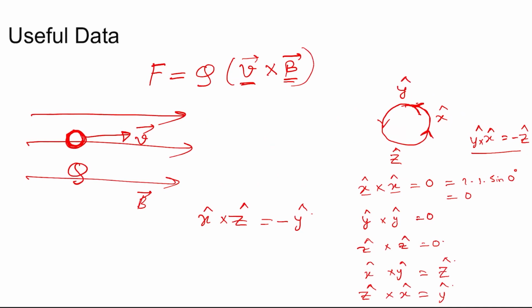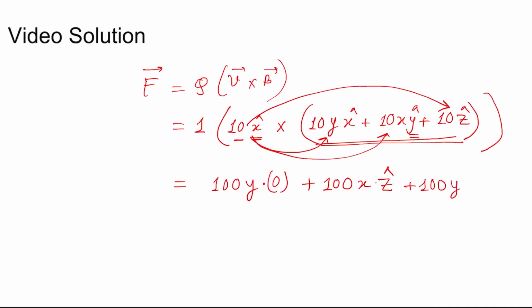So x hat cross z hat will be opposite to the direction of the arrow, so x hat cross z hat is minus y hat, with a minus sign. So our force comes out to be 100x z hat minus 100 y hat.